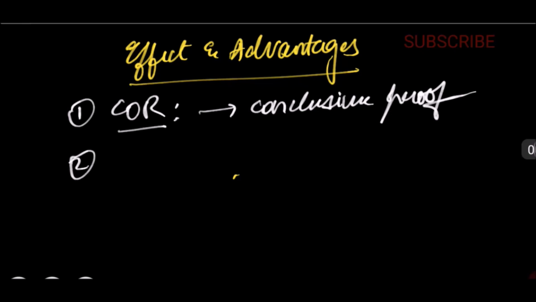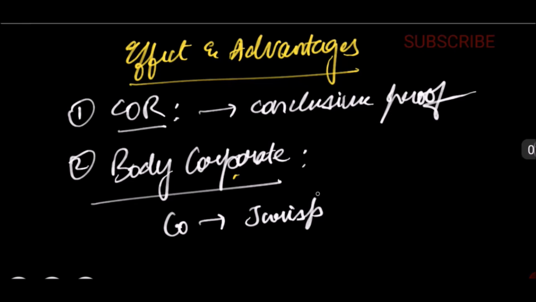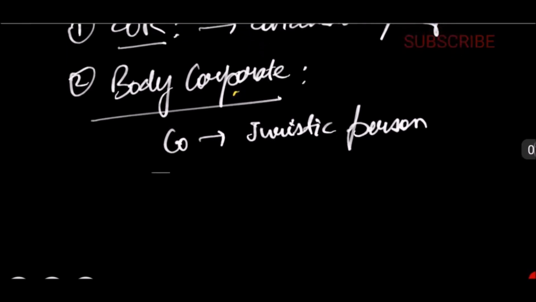Second, body corporate. A trade union is recognized as a juristic person, just like a company. What is the meaning of juristic person?